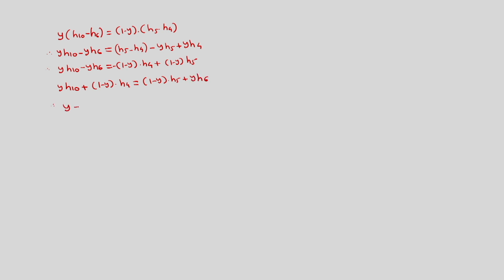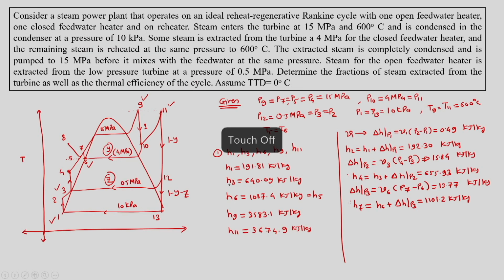Further, if we rearrange all the terms, we get y is equal to H5 minus H4 divided by H10 minus H6 plus H5 minus H4. If we put all the enthalpies, we will get y is equal to 0.1726.